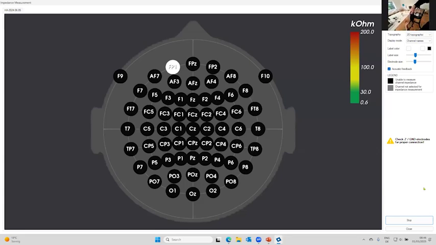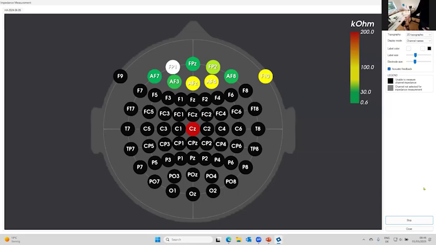Then when it's working, it has the LED lit on. Now we already see the impedance for the electrode we already treated. As you can see, this goes very fast.